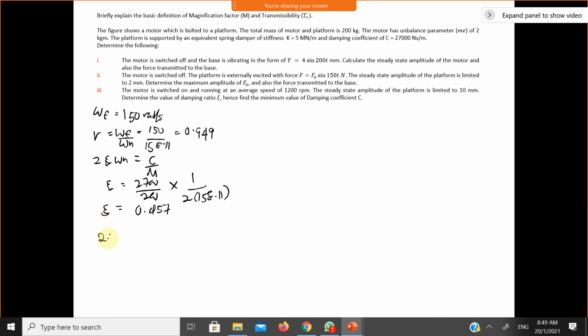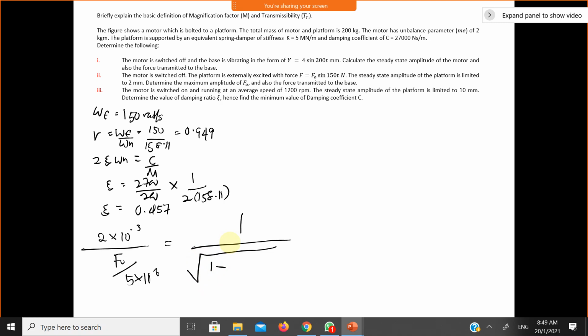So 2 darab 10 kuasa tolak 3 bahagi F naught over K. K is 5 times to the power of 6 equals to 1 over 1 minus R kan.